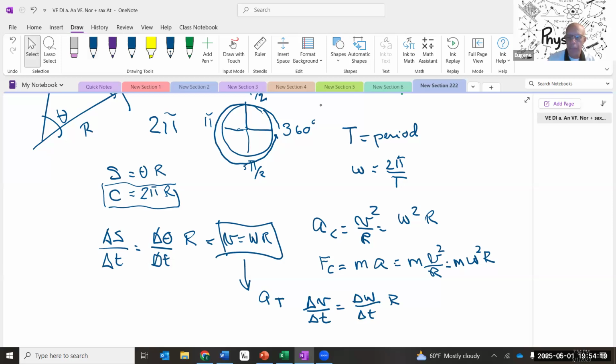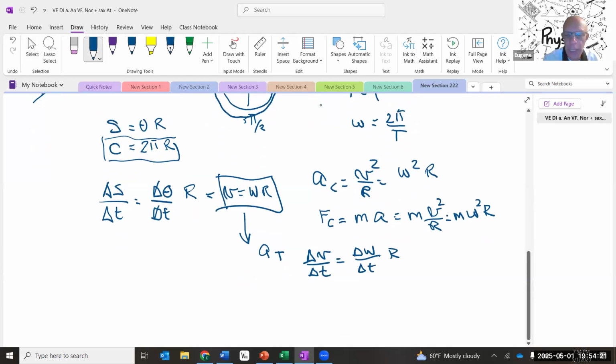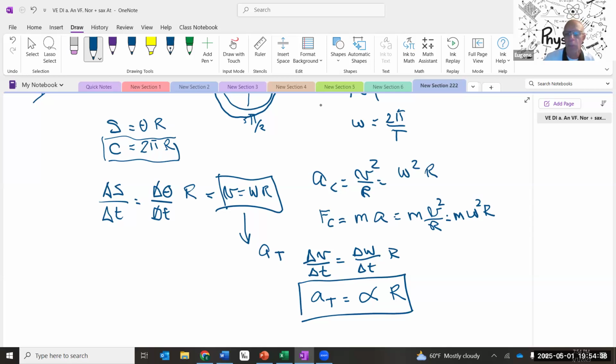If the tangential, linear velocity is changing, this is going to be the tangential acceleration. And this here is what I call alpha, the angular acceleration, times r. So here I have another formula that you can use to calculate those.